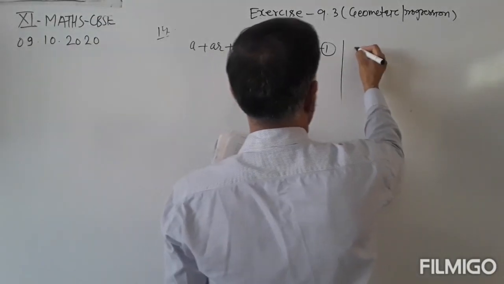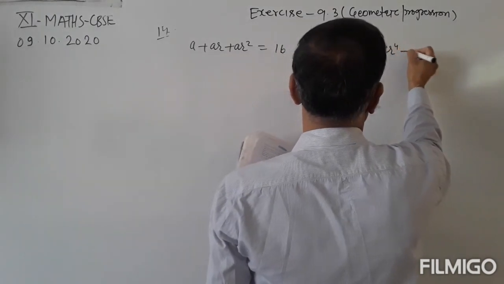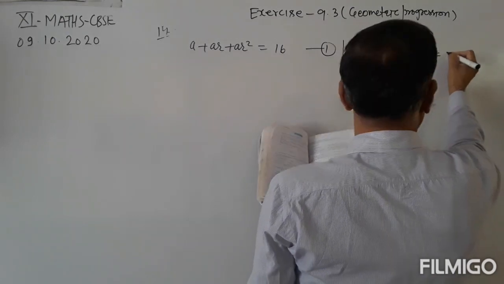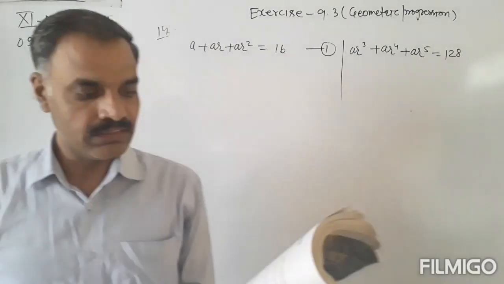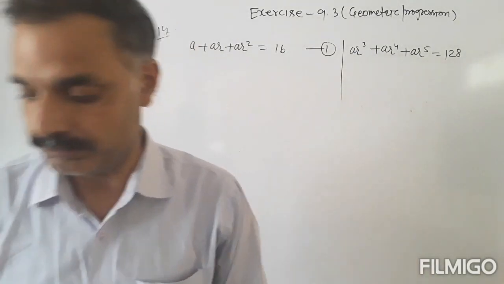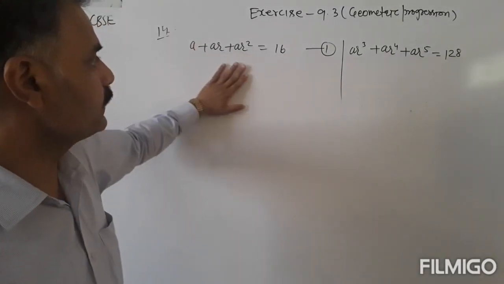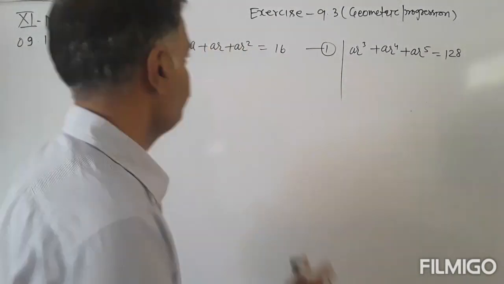Sum of next three terms means ar cube plus ar to the power 4 plus ar to the power 5 is equal to 128. Here we have to determine first term a, common ratio r and sum of first n terms of the GP.